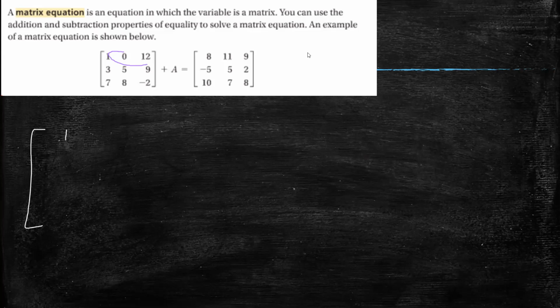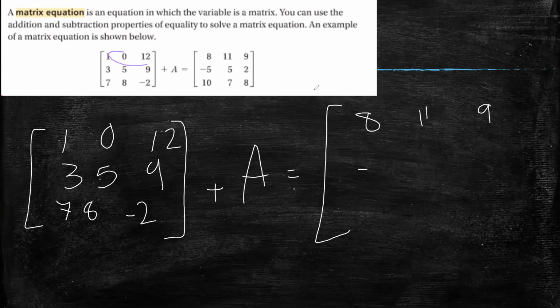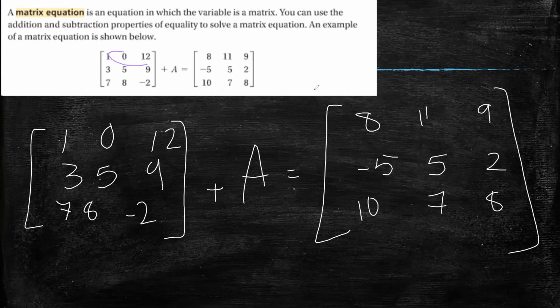Like 1, 0, 12, 3, 5, 9, 7, 8, negative 2, plus A equals 8, 11, 9, negative 5, 5, 2, 10, 7, and 8.